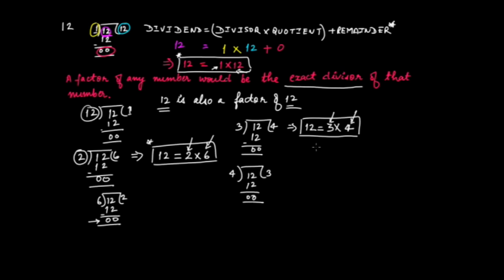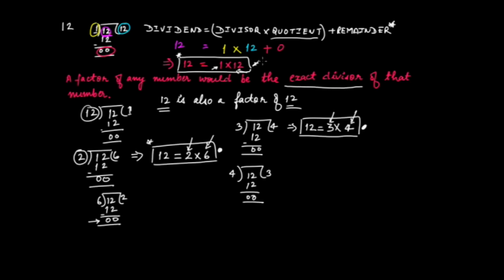So what you see here is that the quotient of an exact divisor would also be a factor, right? From this one, we could say that even the quotient would be the exact divisor or the factor of that particular number. So what are the factors of 12?